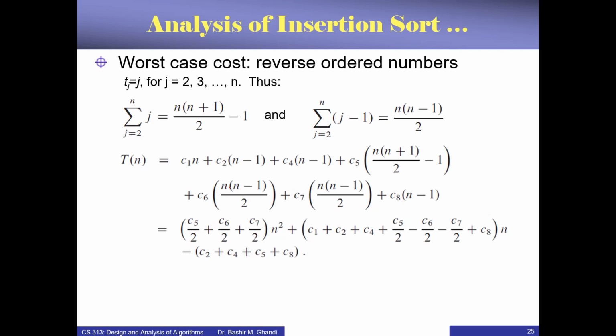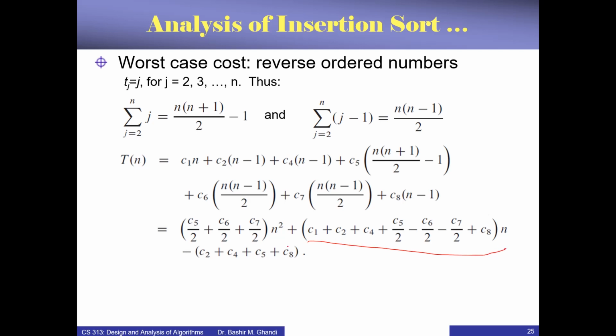So this time we're going to have a term with n square. There are 3 of them with n square, n times n and c5 all over 2. Okay, so you have c5 over 2 n square. Similarly here, n square times c6 over 2 will be c6 over 2 n square. And similarly here. So these are the terms with n square, and we're going to have those with n.